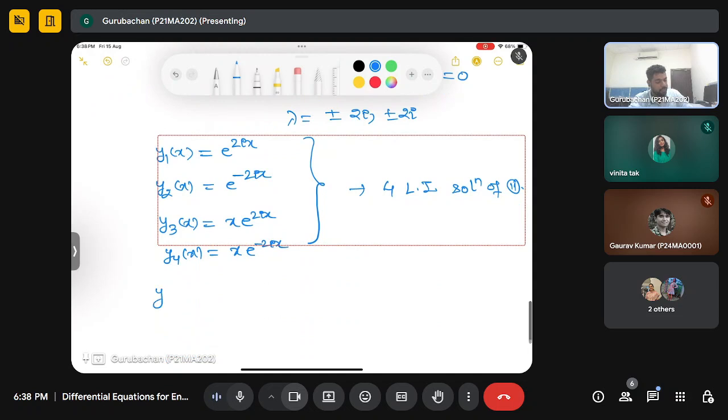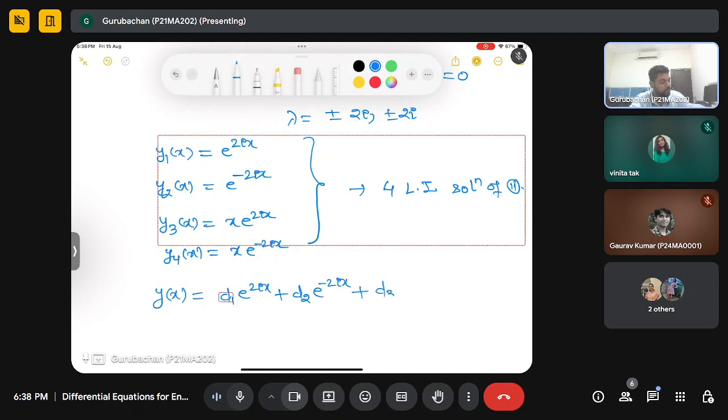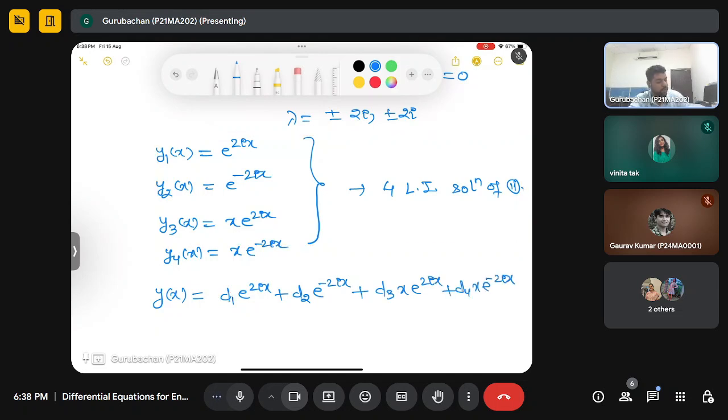Next, what will be the general solution? That will be the linear combination of all of these solutions. So d1 e^(2ix) + d2 e^(-2ix) + d3 x e^(2ix) + d4 x e^(-2ix).